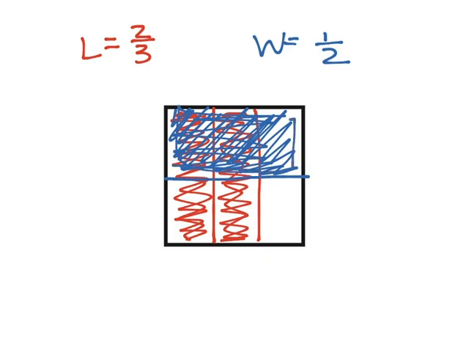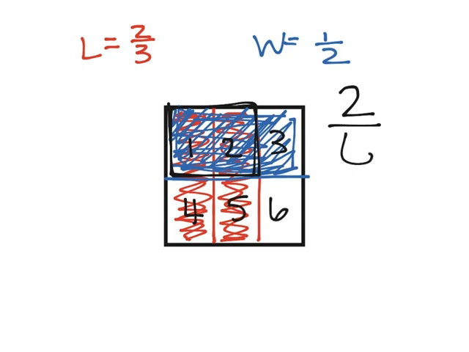Now we're going to find the area. So we've modeled that we have 2 of 1, 2, 3, 4, 5, 6. This is showing that it's 2/6 of whatever, so let's say we're measuring in inches.